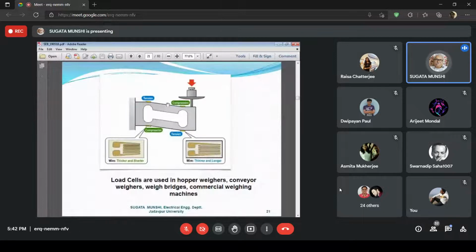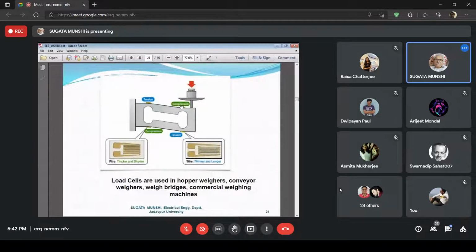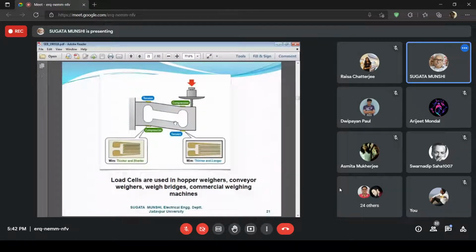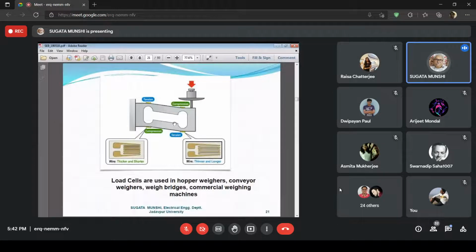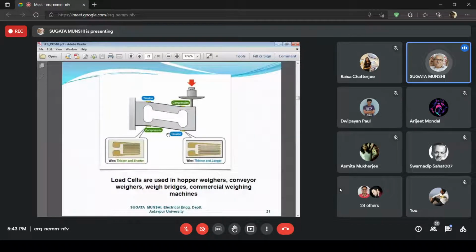Usually there are 4 gauges, 2 under tension as shown and 2 under compression. So the sensitivity is the maximum possible. There is perfect temperature compensation, etc.